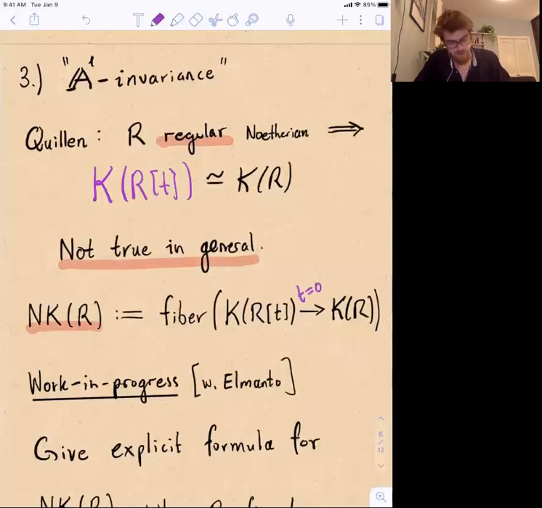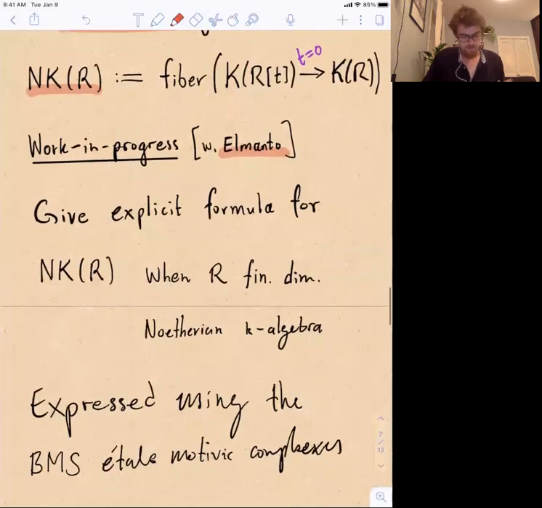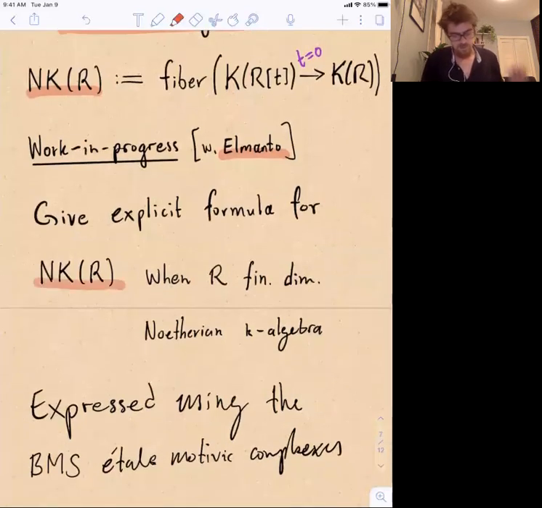And in current work in progress together with Elden Elmanto, we give an explicit formula for these NK spectra in the case of R being a finite dimensional Noetherian K algebra. So K here is again a perfect field of characteristic p.